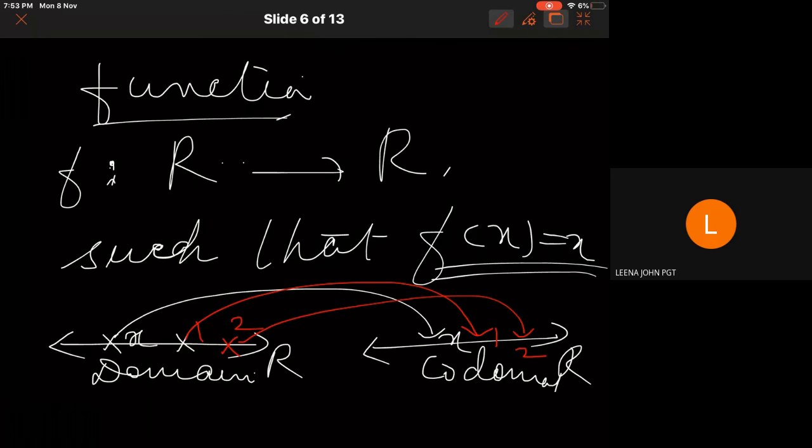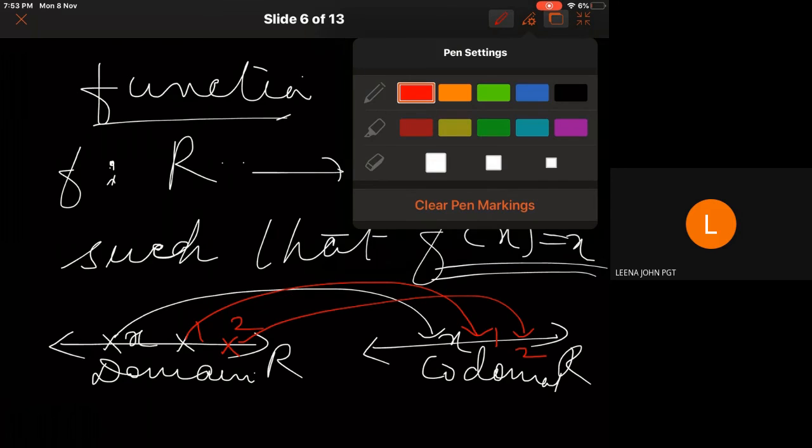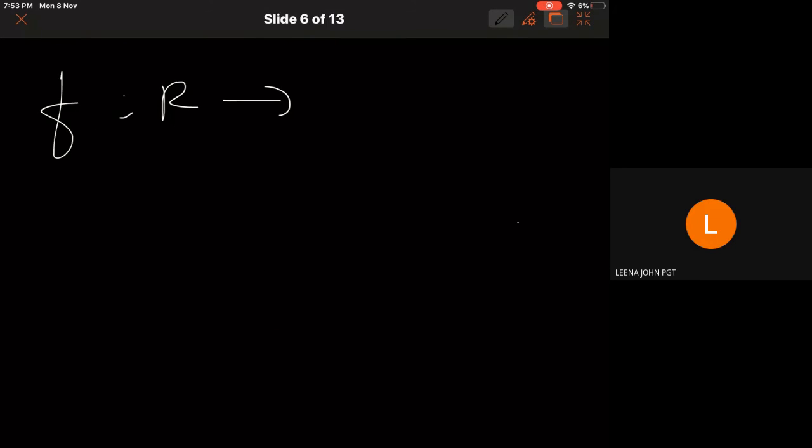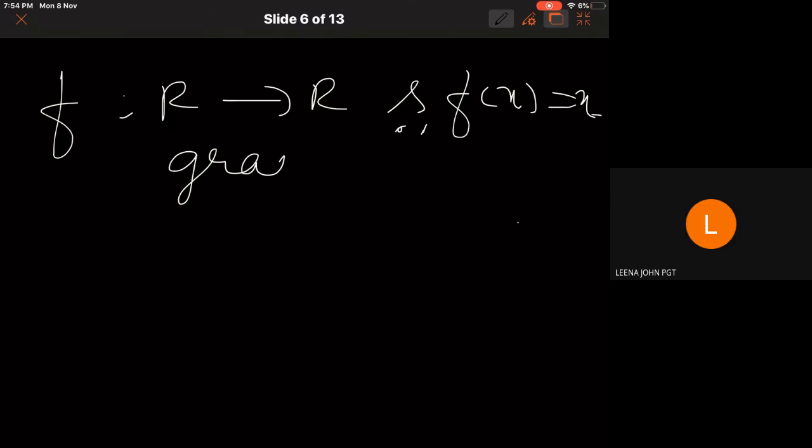And when the function is a real function, you can draw a very smooth curve for the graph. R to R such that f of x equal to x, how to draw the graph? What do you mean by graph? Graph of f means all the points or all the elements of f, you mark them in the Cartesian plane.